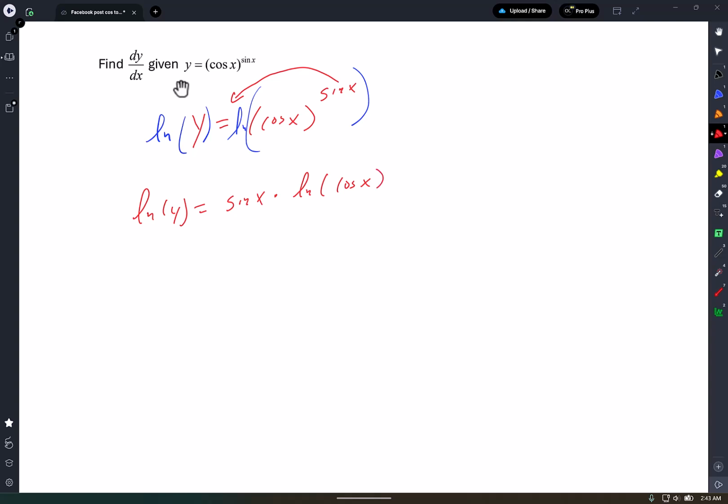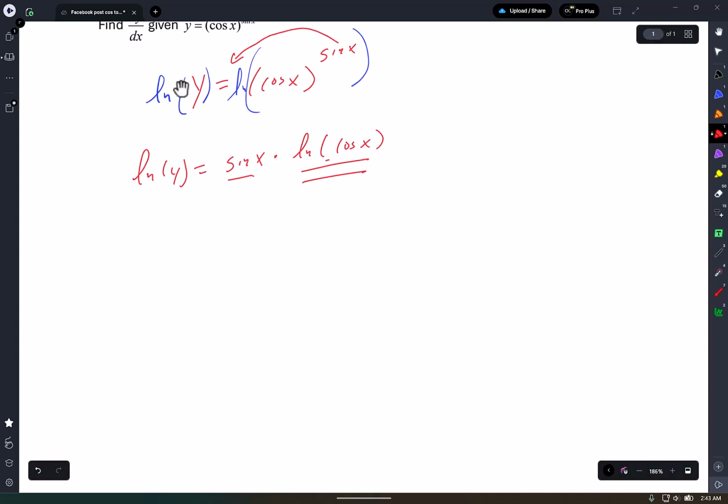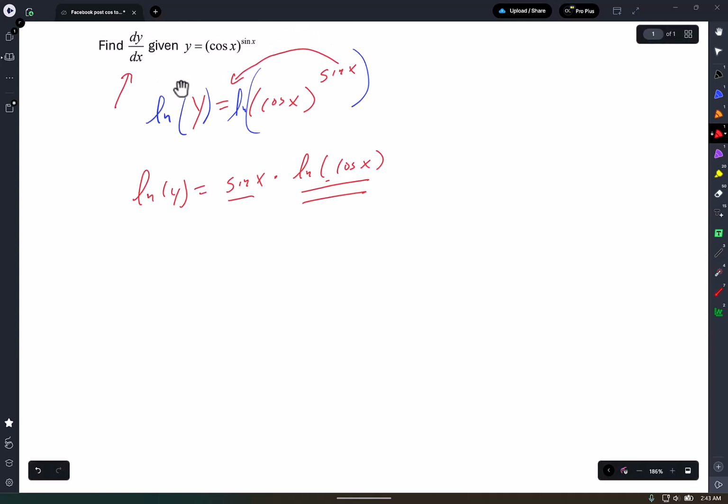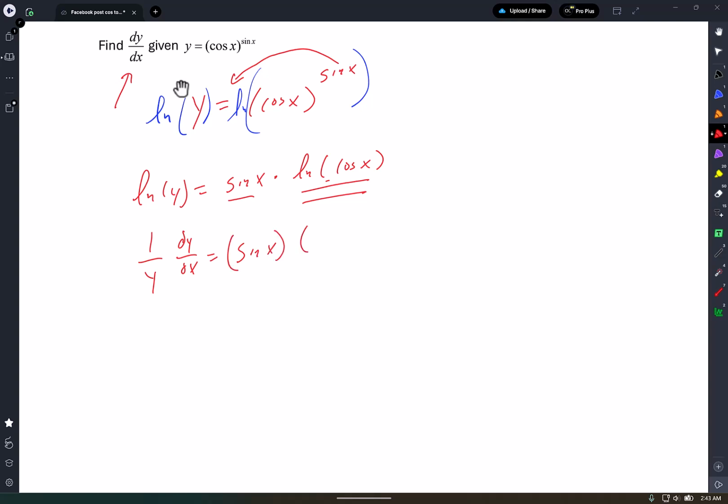So I think we're good now. Now we're going to take a derivative and we're going to use the product rule. So the derivative of ln y, we're doing it implicitly because we're doing it with respect to x here, right? So the derivative of ln y is going to be 1 over y, but that's not an x, so you've got to write dy/dx next to it, equals, and then we're just going to do the product rule here, guys. First times the derivative of the second, if that helps, like that.